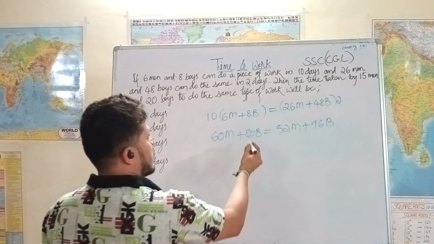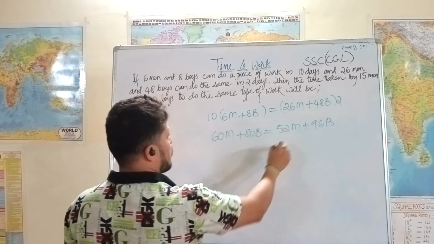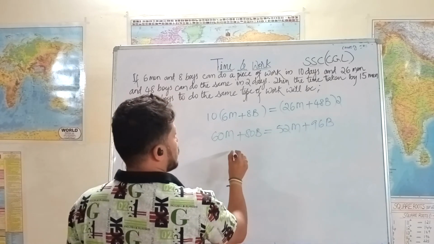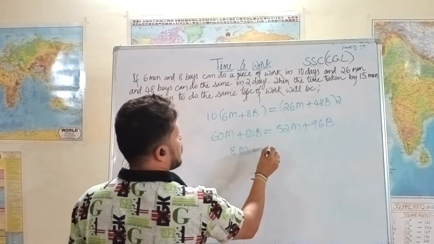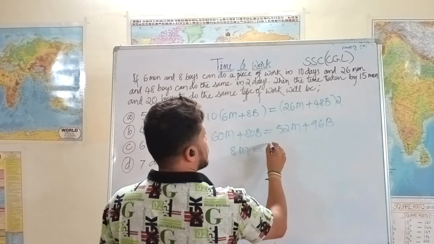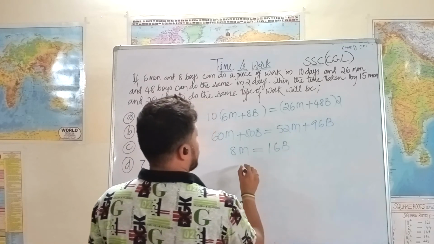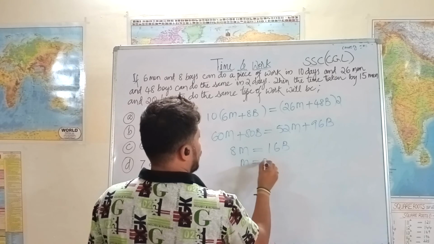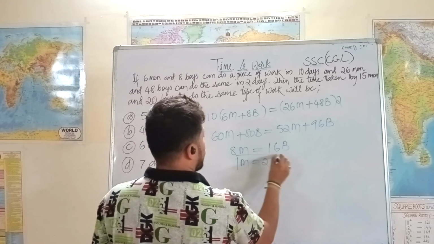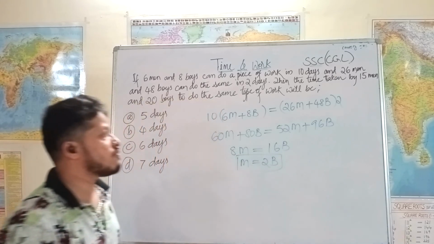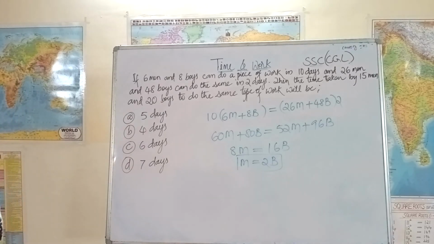Okay, so let's take B on the right hand side and M on the left hand side. So 60 minus 52 is 8M, which is equal to 96 minus 80, which is 16B. That means M is equal to 2B. So every man's work is equal to 2 times a boy's work.